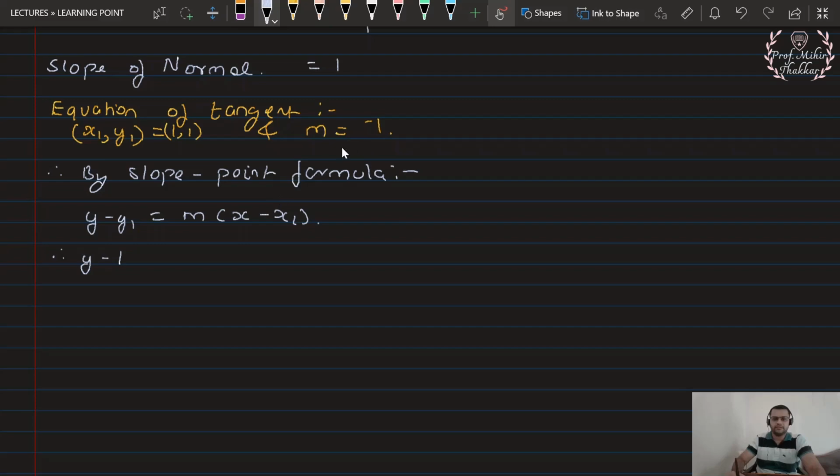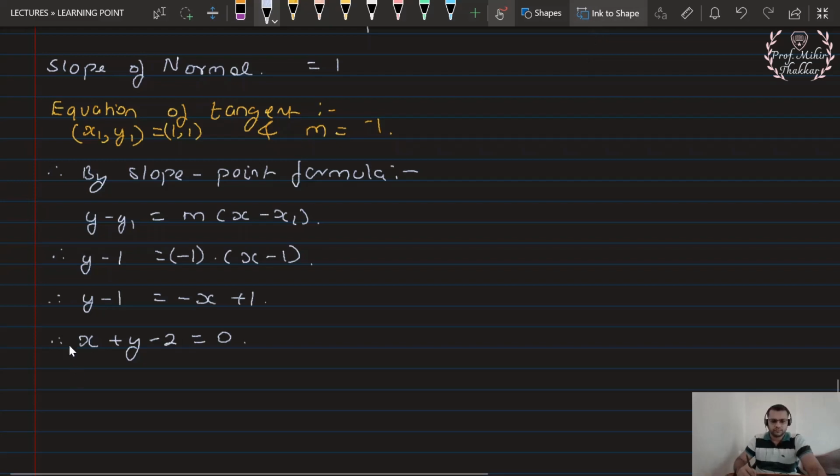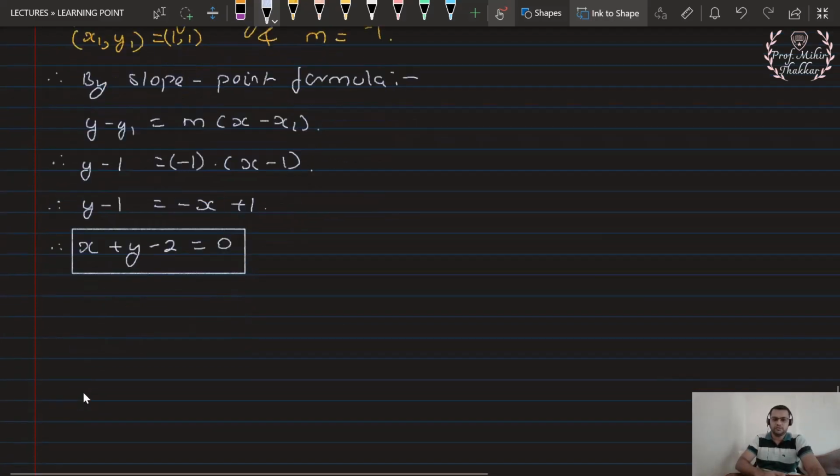So y minus 1 is equal to minus 1 multiplied by x minus 1, minus x plus 1. Take these elements on the opposite side. So x plus y minus 1 minus 2 is equal to 0. So that is a very easy equation for the equation of the tangent.